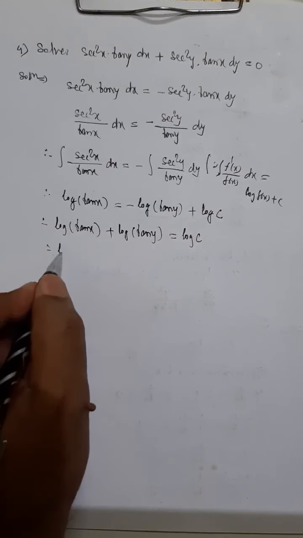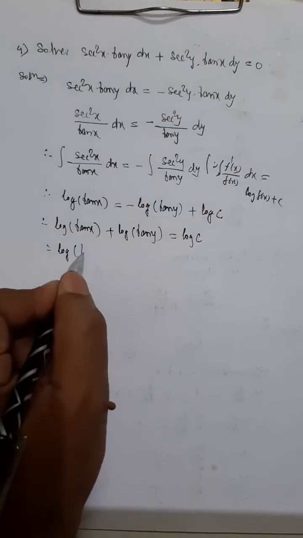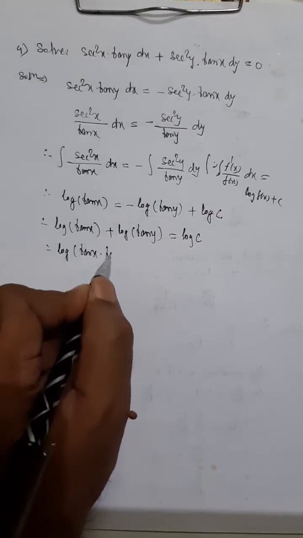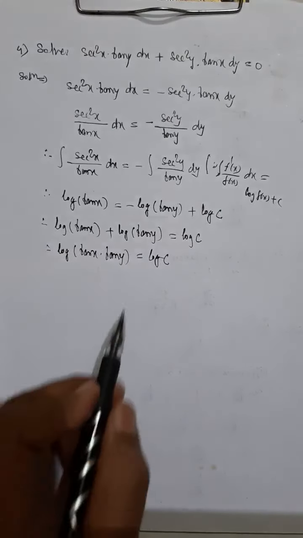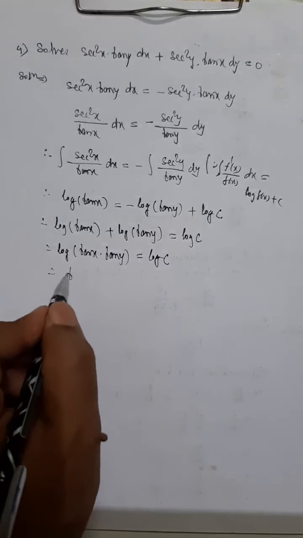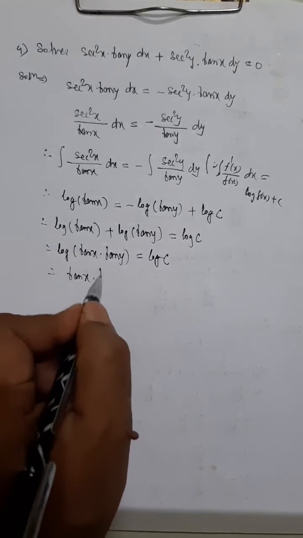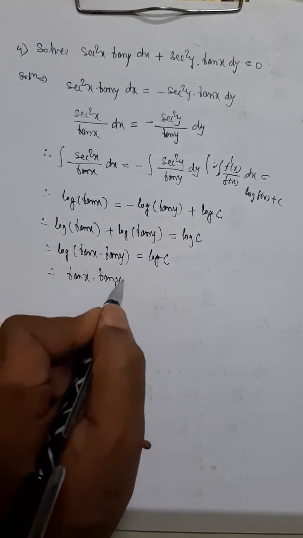Apply here the property log a plus log b is equal to log ab. So we can write here log of tan x into tan y is equal to log c. Cancelling log on both sides we get tan x into tan y is equal to c, which is the required solution of the given differential equation.